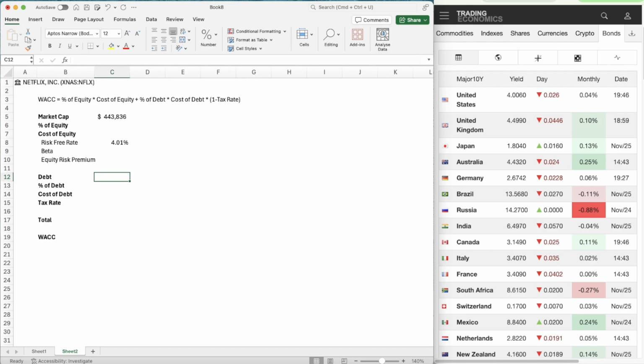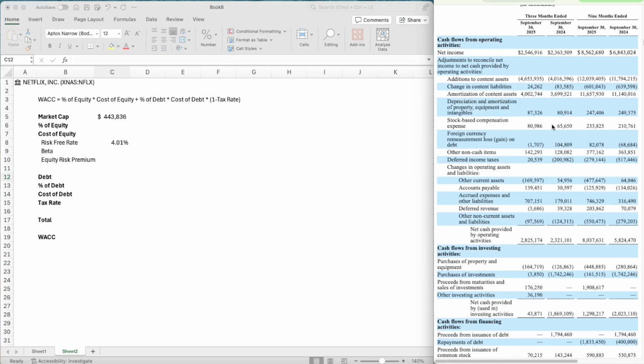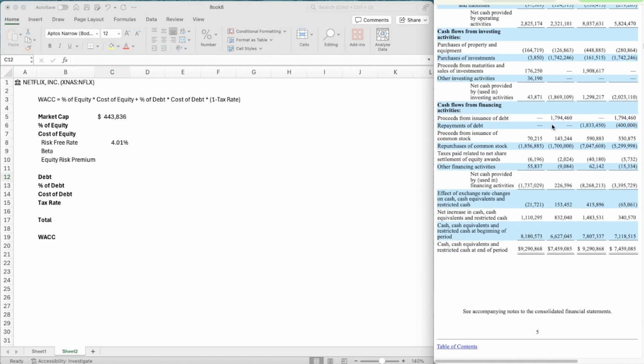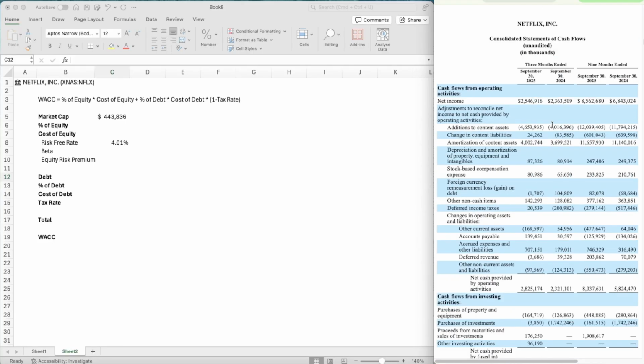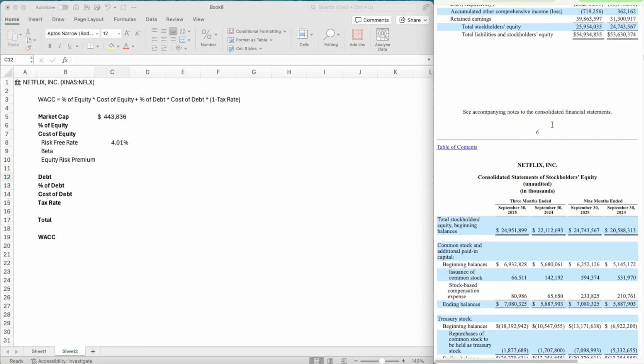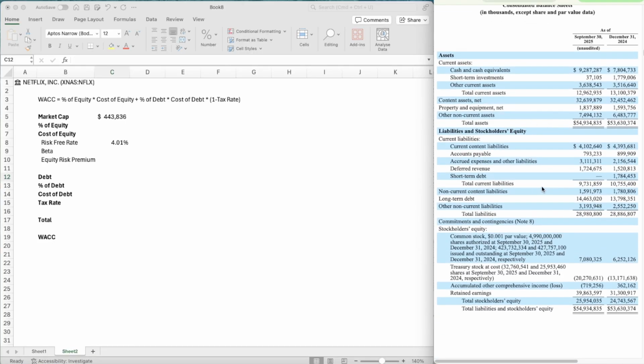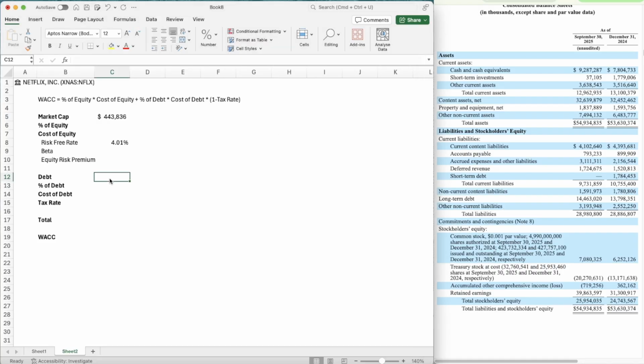Okay, so the debt we find on the balance sheet. So go into the 10Q. The latest 10Q is the latest one available, so this is the most recent balance sheet. And to find the debt, we go short-term debt and then long-term debt. There's no short-term debt at the moment, but there is this long-term, which is about 14.5 billion. 14,463.020.